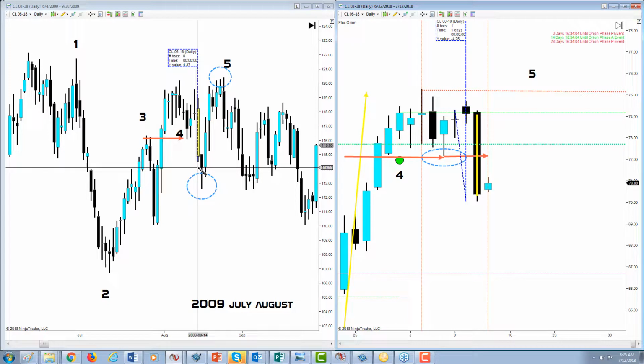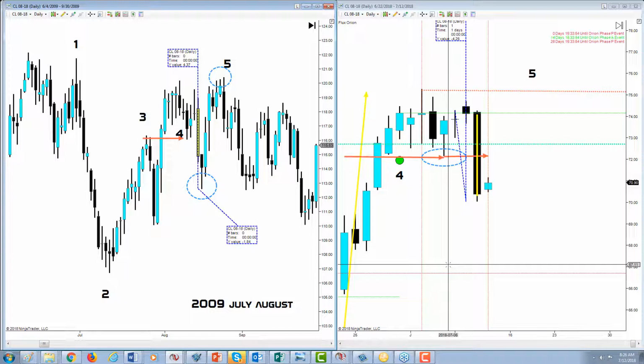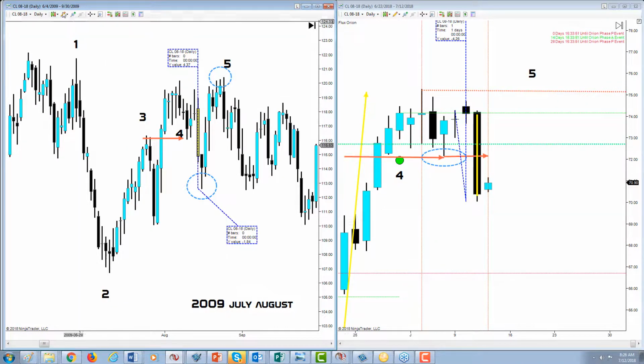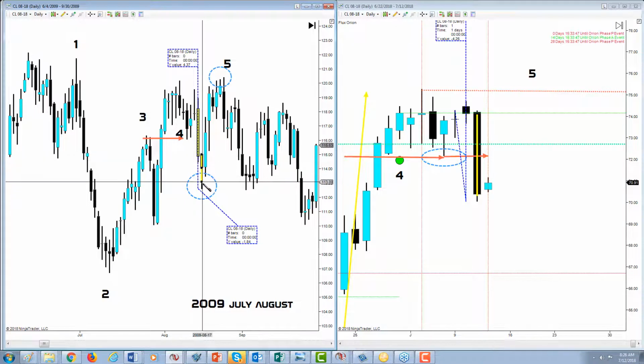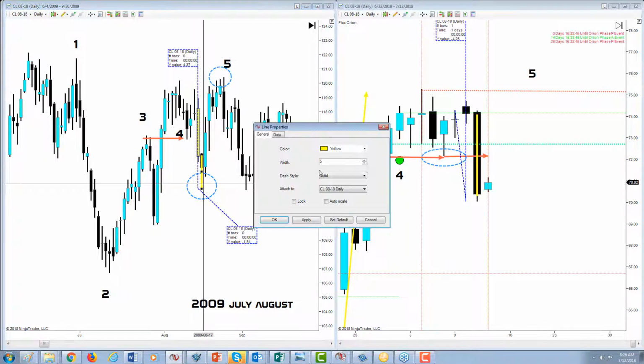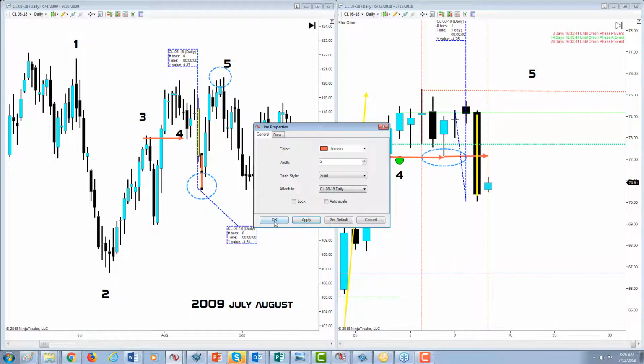The low over here in CL comes down an additional $1.84. So we have these two bars side by side in the 2009 pattern. I'll make this one, I don't know, tomato.